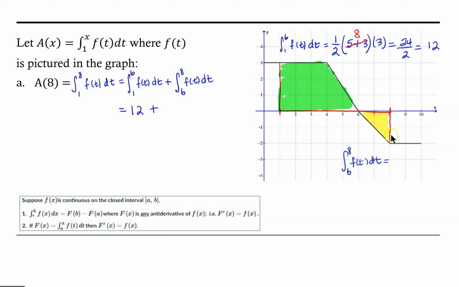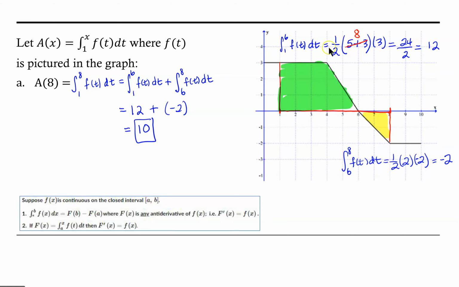The height of the triangle is also 2. So we'll have 1/2 times the base, which is 2, times the height, which is 2. Well, actually our height is -2, or you could throw the negative on at the end. But in either case, the value of this definite integral is -2. So we end up with 12 plus -2, which is equal to 10.